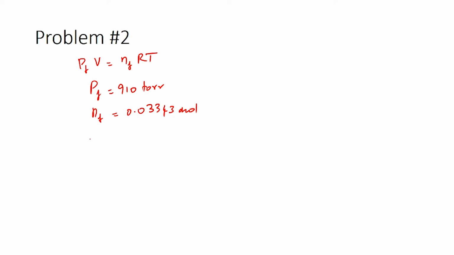We know that N final was equal to 0.01286 plus 2x based on stoichiometry. This is equal to 0.03343. So, x would be equal to 0.010288 moles. So, this x is the number of moles of dimethyl ether which has been consumed.